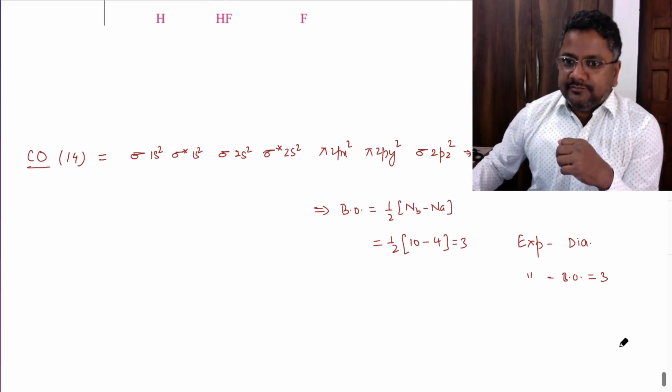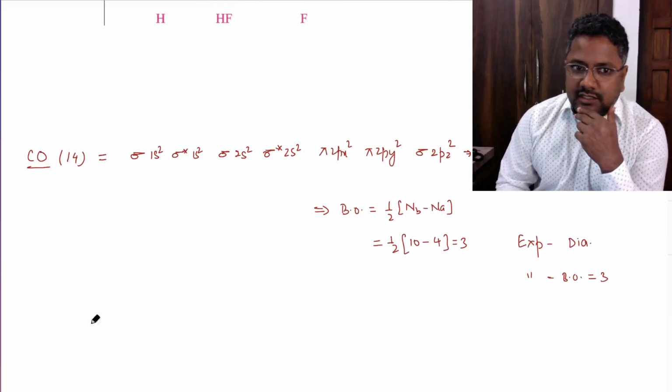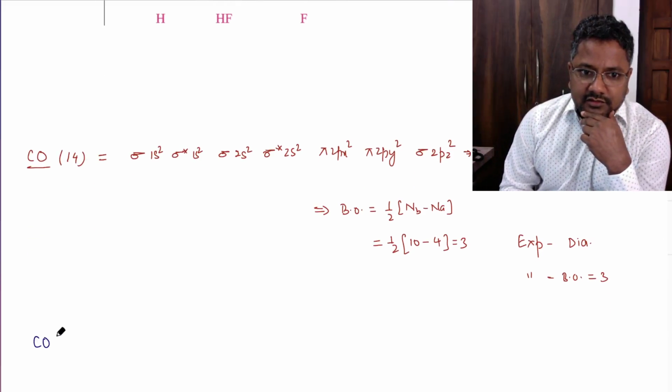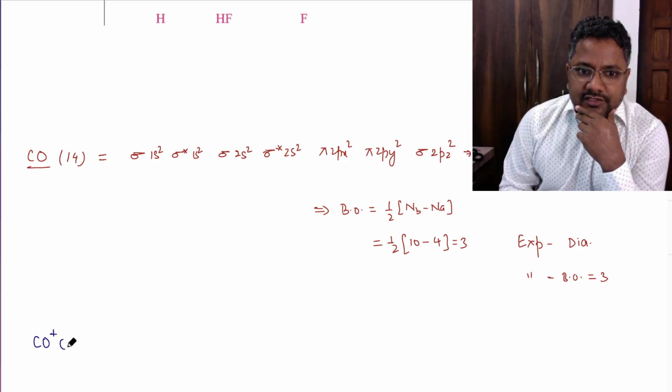But now see, when it is asked to do the electronic configuration of CO plus, it has 13 electrons.